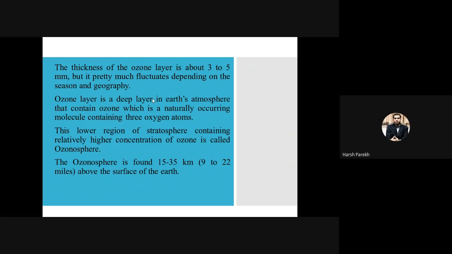This lower region of the stratosphere, which consists of a relatively high concentration of ozone, is called the ozonosphere. The ozonosphere is found at 15 to 35 kilometers, 9 to 22 miles above the surface of Earth.